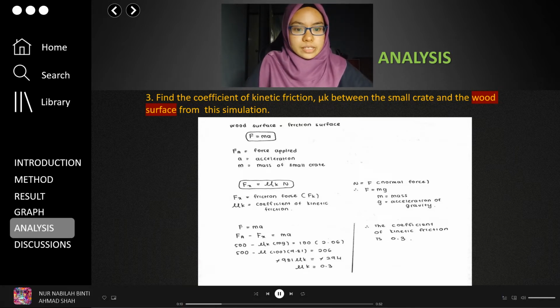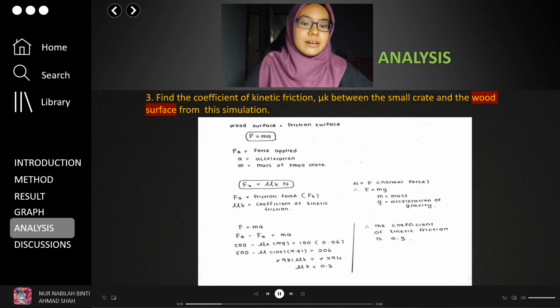Continuing to the calculation here. Fa, the force applied, is 500 Newton minus mu k multiplied by mg. The mass here is 100. How can we find the 100? It comes from the simulation itself. And g is the acceleration of gravity. As we know, the acceleration of gravity is 9.81.